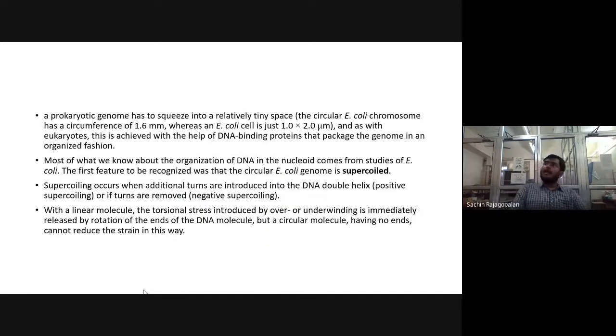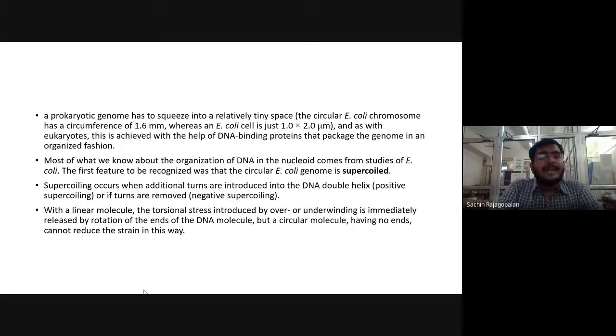Now, a prokaryotic cell by itself is so tiny compared to a eukaryotic cell. You know that the prokaryotic cell is going to be very, very small in size, right? So under these circumstances, I already have tiny space to accommodate the genome. If I have to squeeze the genome into this small space and fit it, then its packaging has to be very compact.